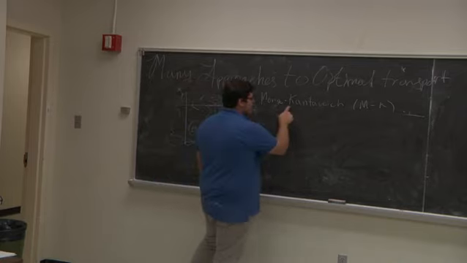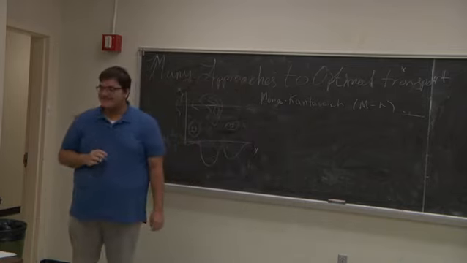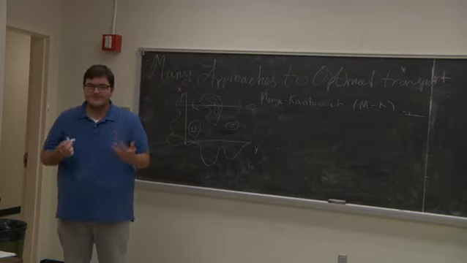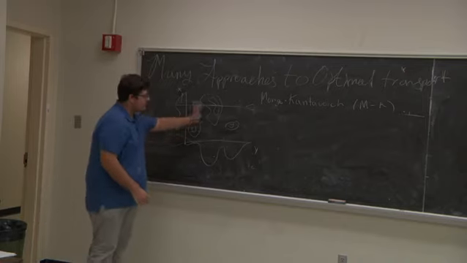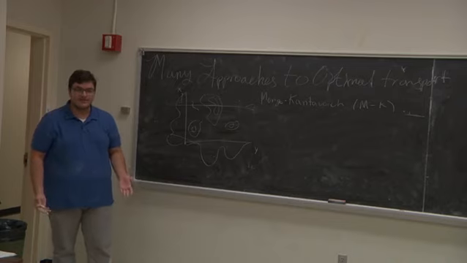So what Kantorovich did was he said, if we can find a suitable measure over the product of spaces, then sometimes that will give us a solution to the Monge problem. And if it doesn't, it means that the Monge problem is unsolvable in that case.